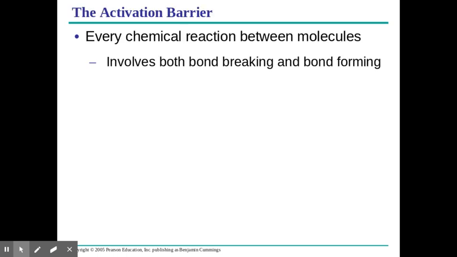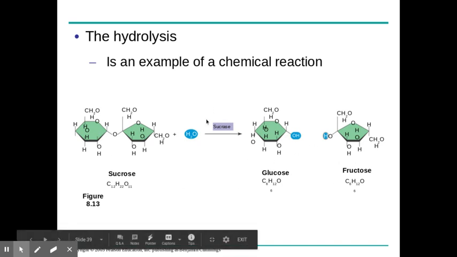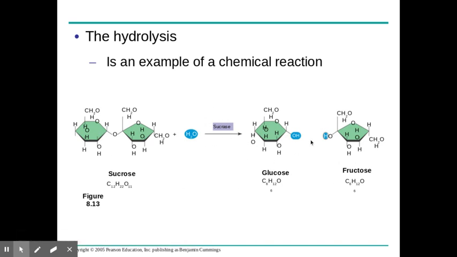Every chemical reaction between molecules involves both bond breaking and bond forming, and enzymes are going to do both. They're going to break bonds at some times and form bonds at other times. So the hydrolysis, again, this is the example I just went through, sucrose to glucose and fructose. Sucrase is our enzyme. What did it do in this case?